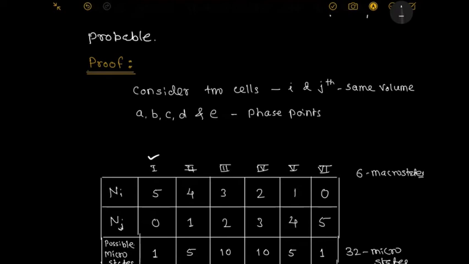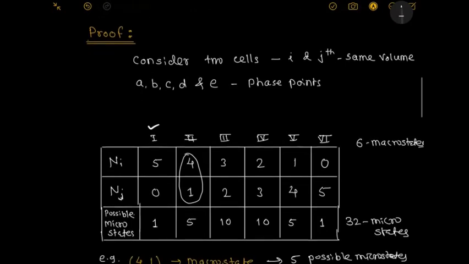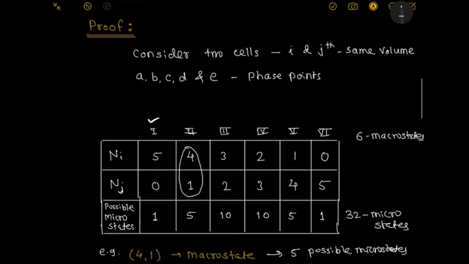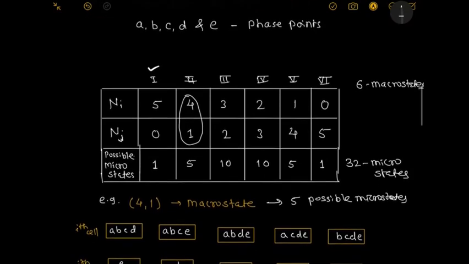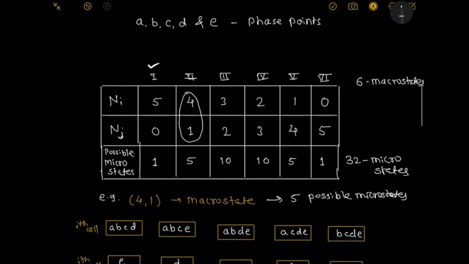For each macrostate, we calculate the number of possible microstates. For one case, macrostate 4 1, there are 5 possible microstates. How do we get that? For macrostate 4 1, we consider the two cells I and J. If the I cell contains 4 phase points, those 4 phase points are A, B, C, D, and the remaining one is in the J cell, since the J cell has only one phase point.